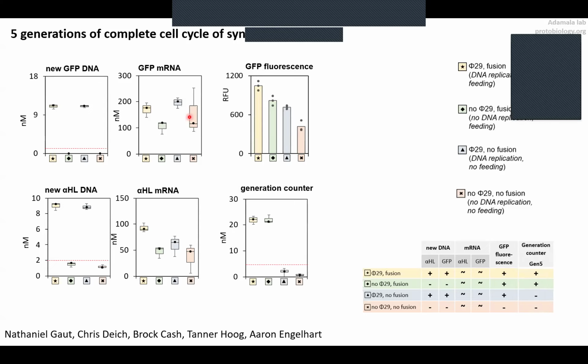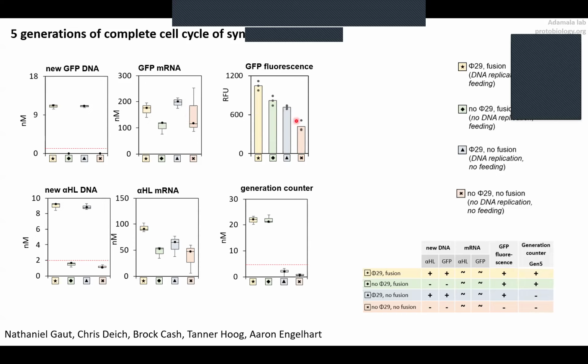Last but not least, this is technical, but I'm obligated to show it. The generation counter demonstrates, and I'm happy to talk about the mechanism of that during the break, that every cell in that system goes through growth and replication, in this case 5 times.